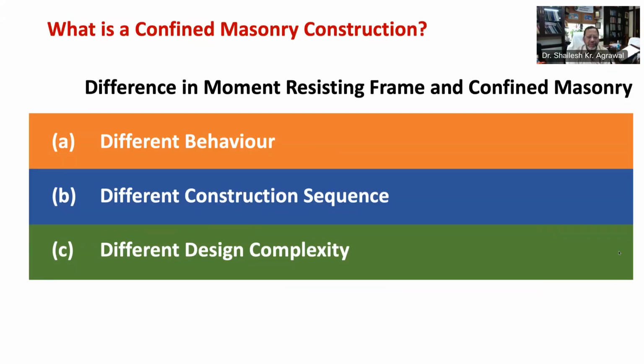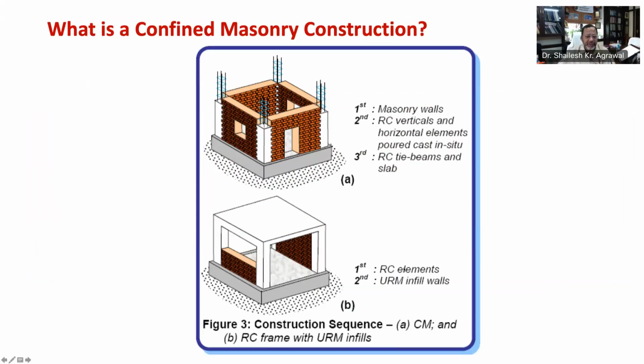RCC frames are infilled with unreinforced masonry walls in some countries like India, whereas with engineered infills in other countries such as New Zealand. Second is different construction sequence. Let's first understand this through figure 3.